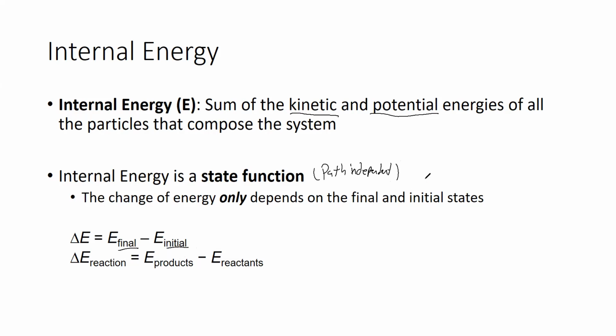So what do I mean by path independent? Let's say that you're hiking a mountain, and there are 3 people hiking this mountain. Person 1 goes up this path, goes up a switchback.